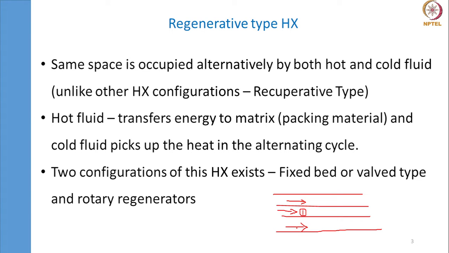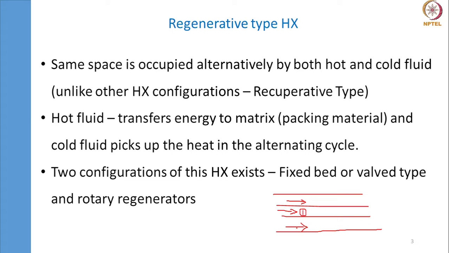But here we are going to see that kind of heat exchanger where the same space is occupied by both hot and cold fluid alternatively. So in this kind of heat exchanger, the hot fluid initially transfers some part of heat to a matrix or a packing material that is already filled inside the flow channel, and during the next cycle the cold fluid picks up that much heat in the alternating cycle.